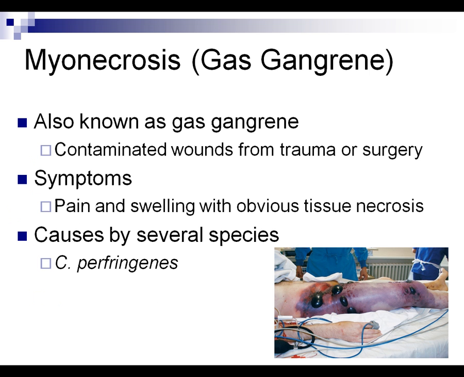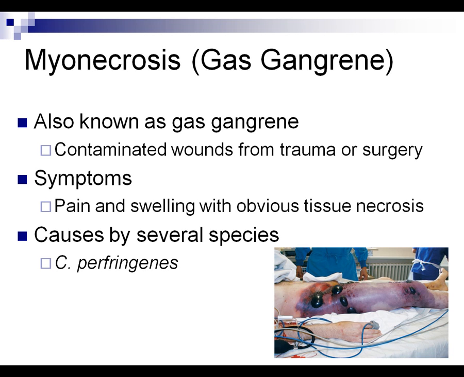Myonecrosis or gas gangrene is associated with Clostridium perfringens. We can see tissue necrosis. That's the preliminary characteristic or symptom that we see.